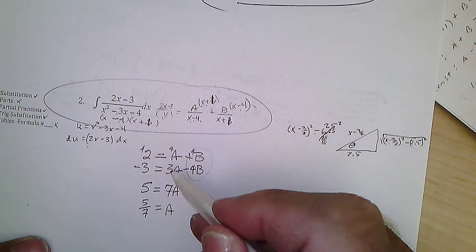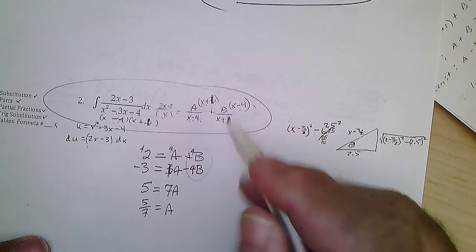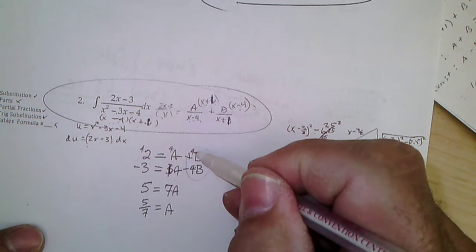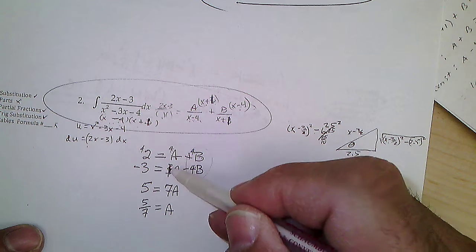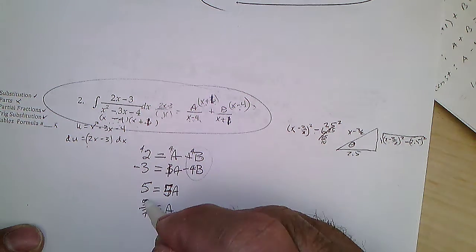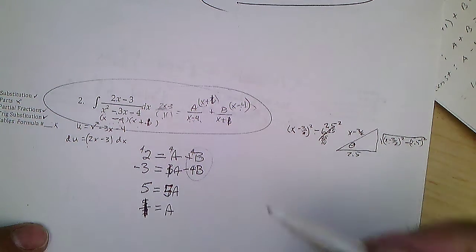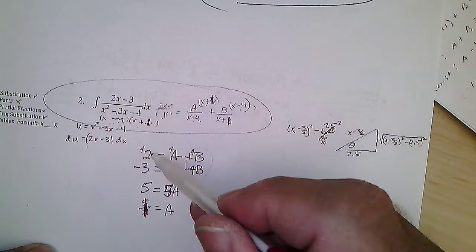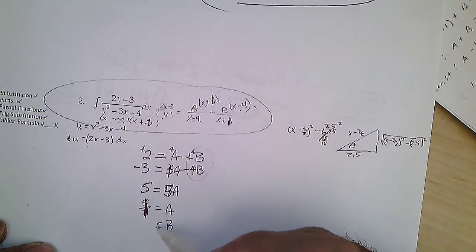this is right. This would be 1a and minus 4b. So if I multiply by 4, I'd get 4 plus 1, 5a equals 5. So a equals 1. That's right. And if a is 1 and a plus b is 2, b must equal 1.